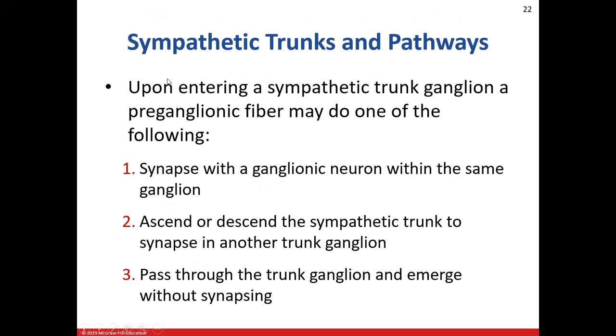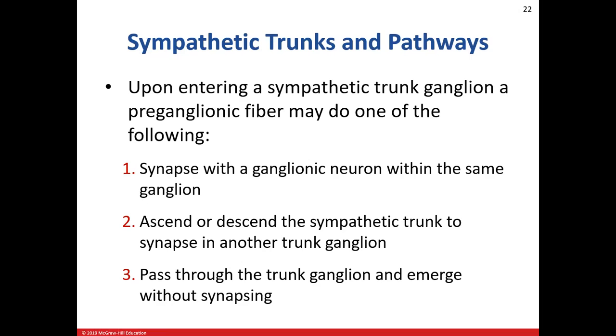So when we look at the sympathetic trunk and those pathways, we have to look at how the neurons enter the trunk and exit the trunk. And so upon entering a sympathetic trunk ganglion, a preganglionic fiber can do one of the following. It can synapse with the ganglionic neuron that is located within the same ganglia that it enters.